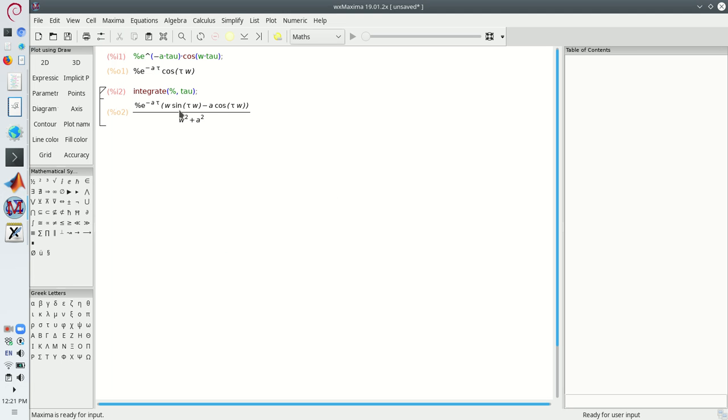So this is the quantity that Maxima has given to me as a function of tau, with tau replaced by t. Now the same quantity when tau is replaced by 0.